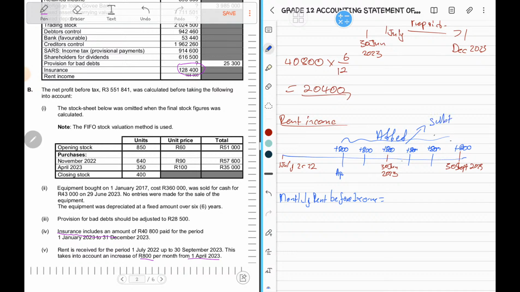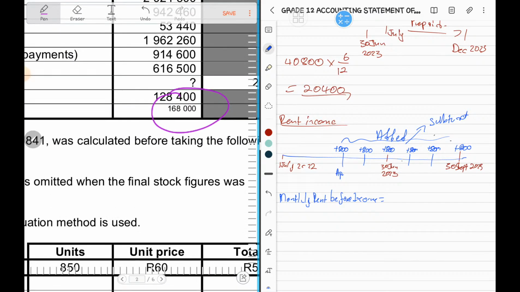We have to remove them there. So it will be how much? Remember, the annual rent according to the rent account is 168,000. So we're going to say 168,000. Then we're going to subtract those 800 added together. So it will be 800, 1, 2, 3, 4, 5, 6. 800 times 6.